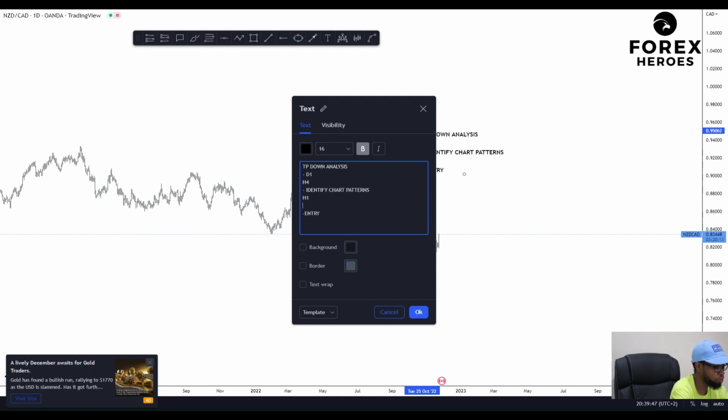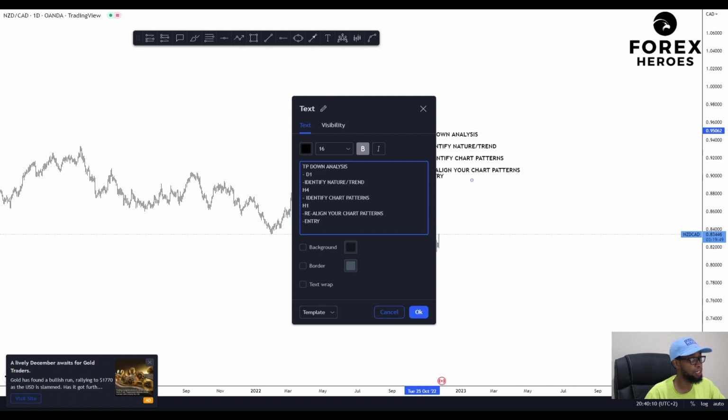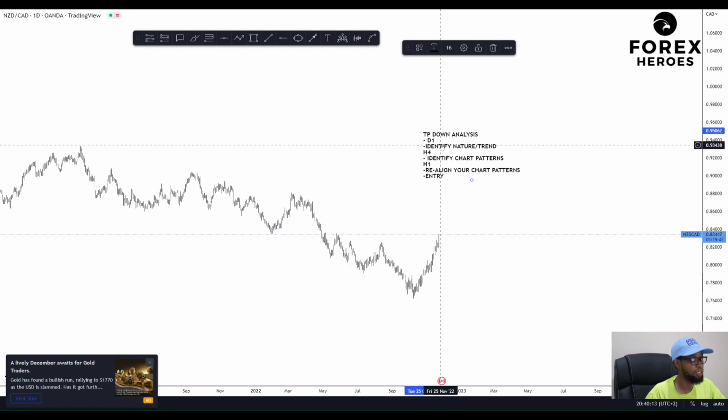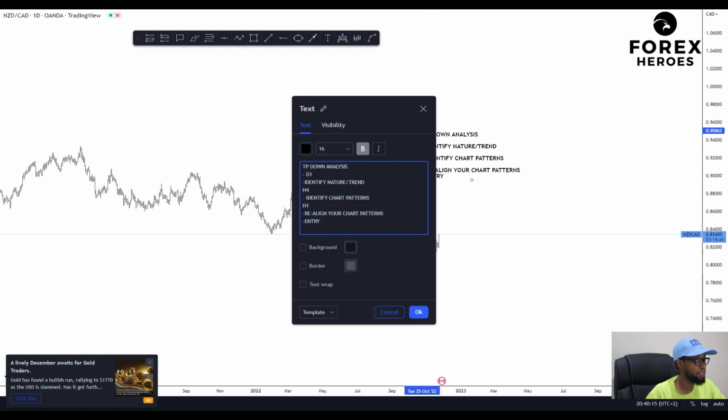But before the entry, that's where you would realign your chart patterns or identify further. On the daily, you will identify the nature or the trend of the market. So these are the steps that you have to take. See step 1.